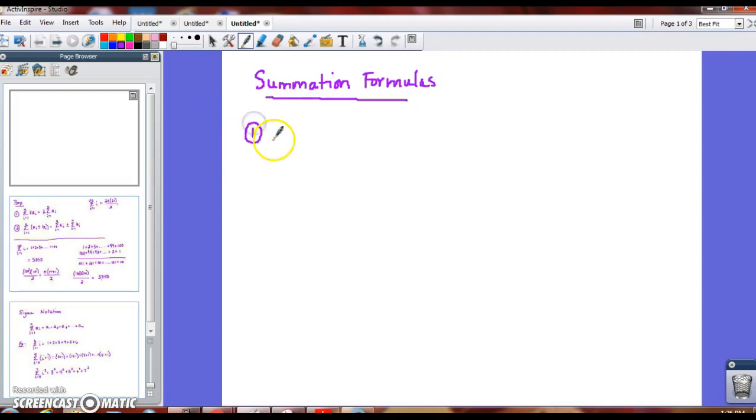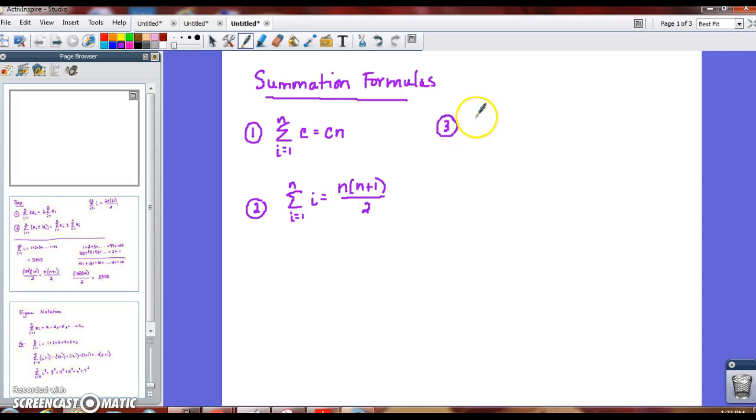The first one is just the summation of I equals 1 to n of some constant c, is c times n. Okay. The second one is the one we were just talking about, the summation of I equals 1 to n of I is just n times n plus 1 over 2.